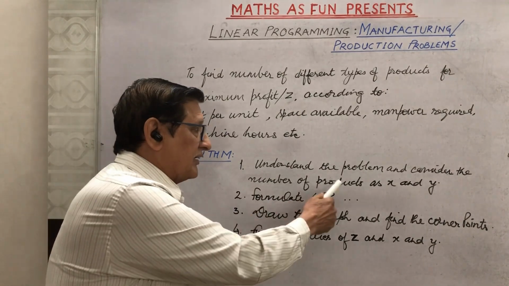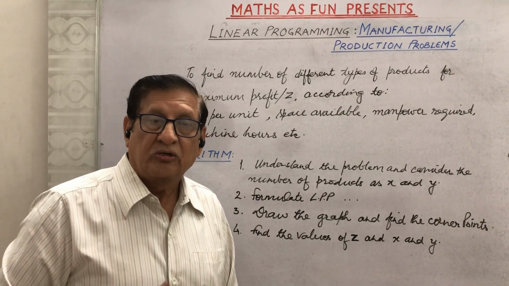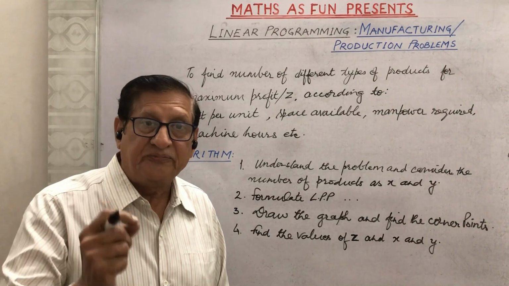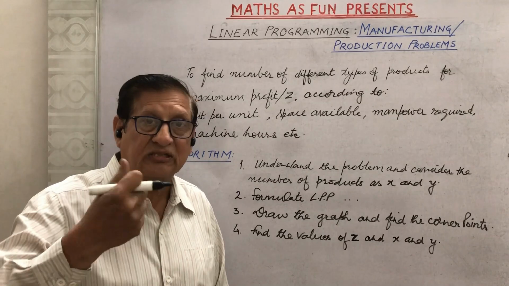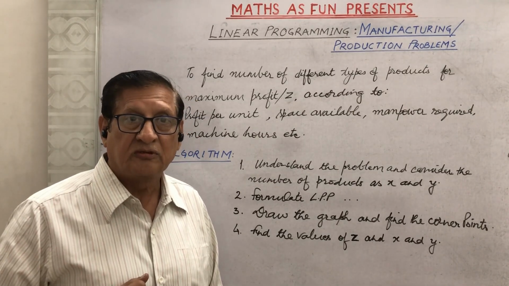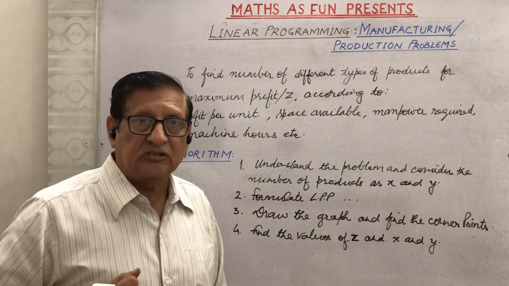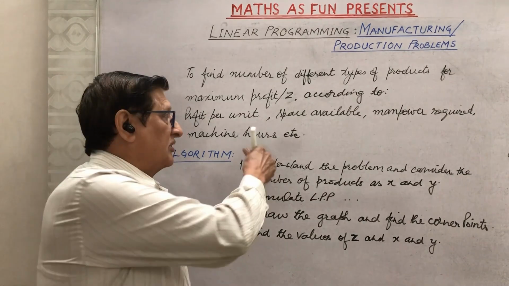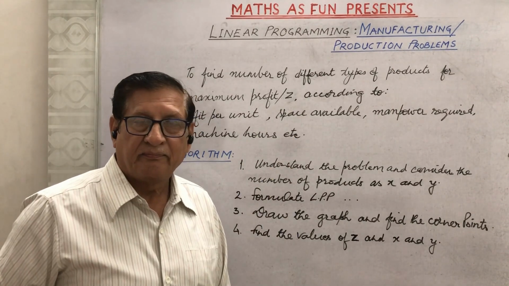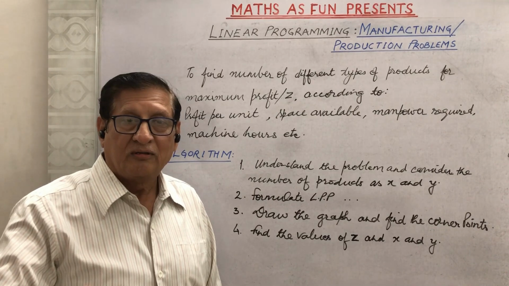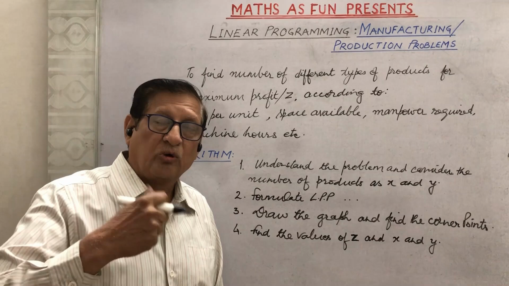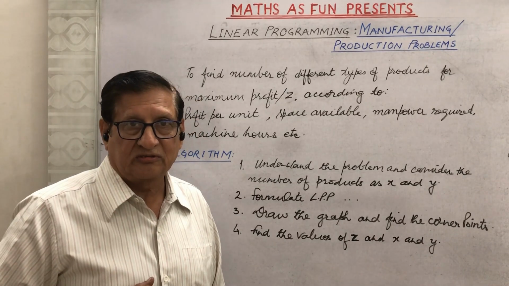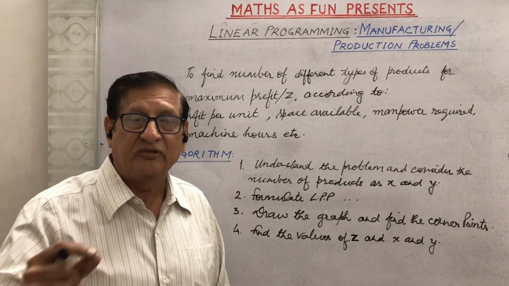Then we will formulate the LPP: consider the objective function, whether it is to maximize the profit or maximize the number of items produced, the constraints according to the given conditions, that are the inequalities, and then the non-negativity constraints. That will be the formulation of the LPP.